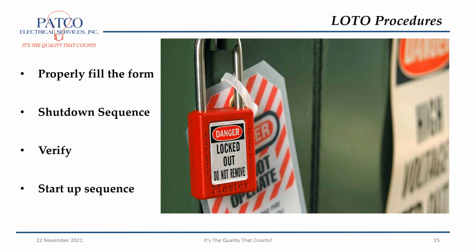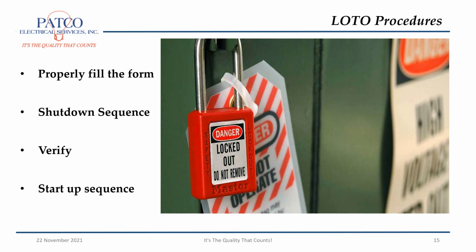Make sure that it's shut down, how it's shut down, whether it be circuit breaker or turning off the switch, and what kind of devices were applied for lockout tagout. You've got circuit breaker lockouts, you've got switch lockouts.